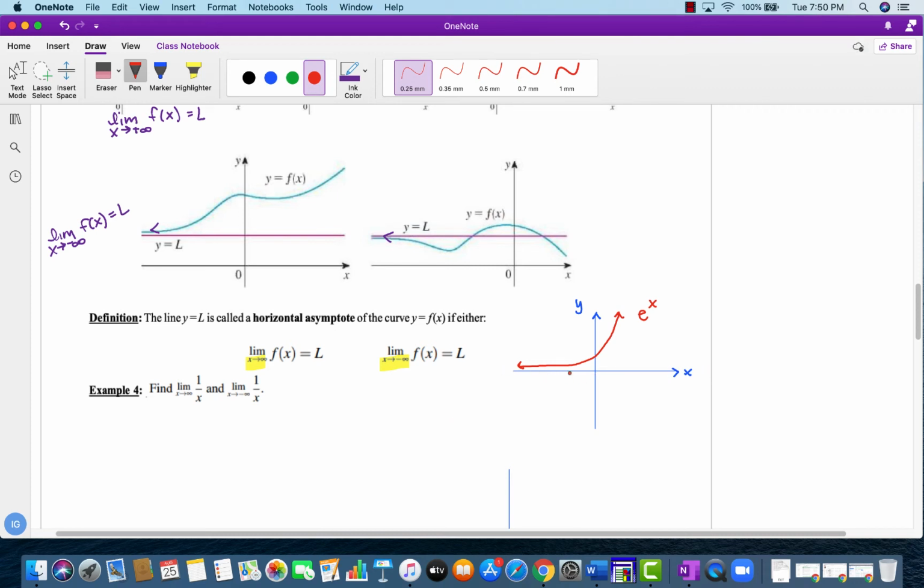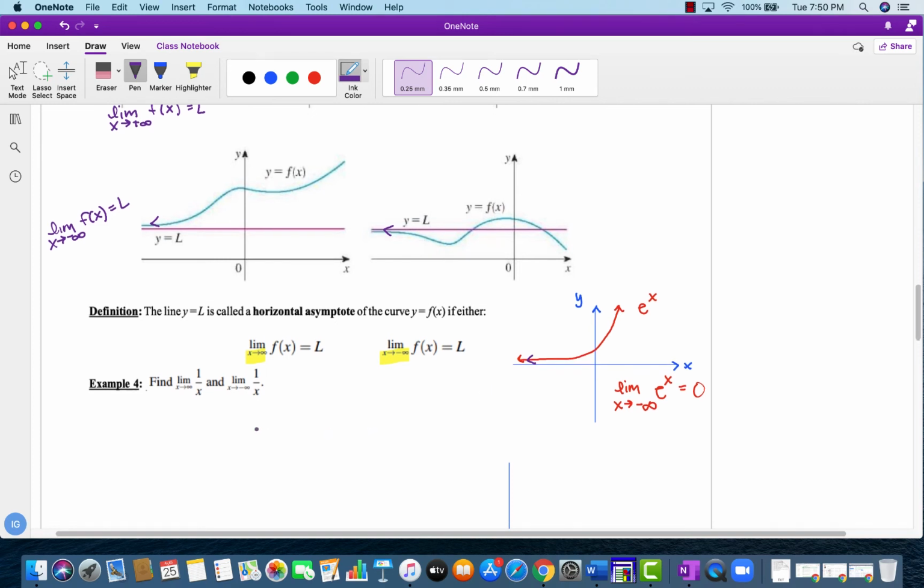So it's basically the line of the x-axis, right? So we can say that the limit as x approaches negative infinity of e to the x is equal to 0. Why? Because it keeps getting closer and closer to 0. And that's your limit in that case, which happens to be the horizontal asymptote as well.